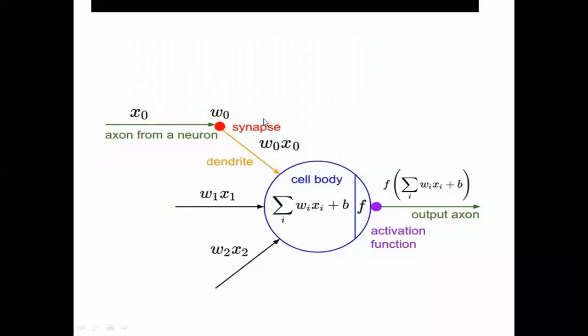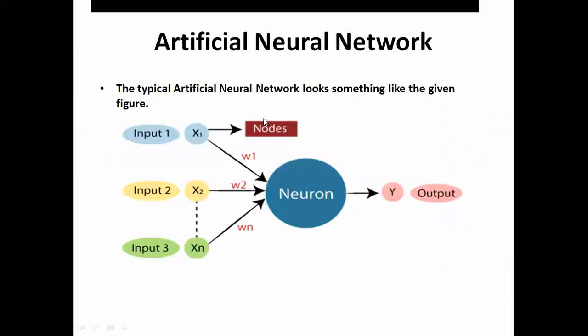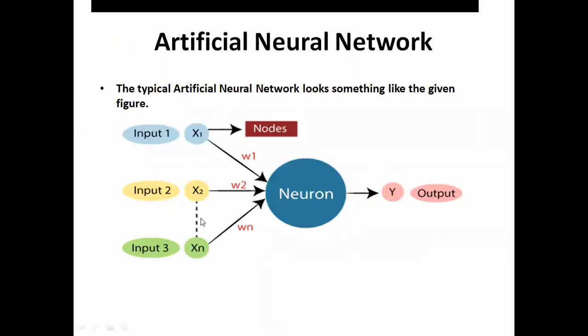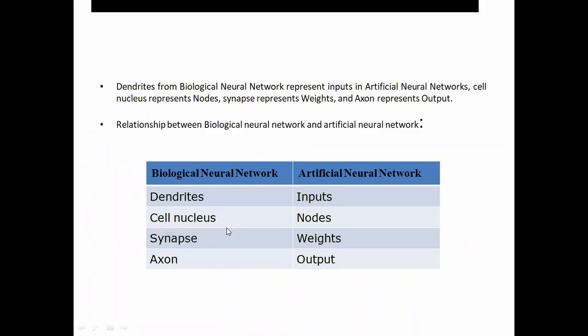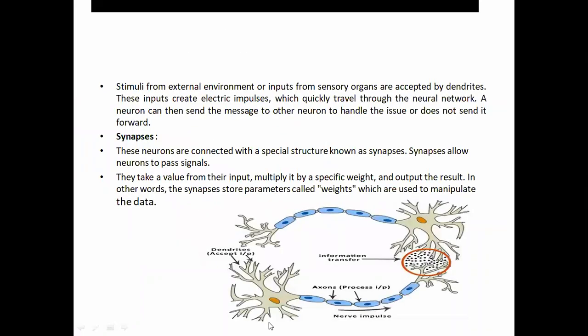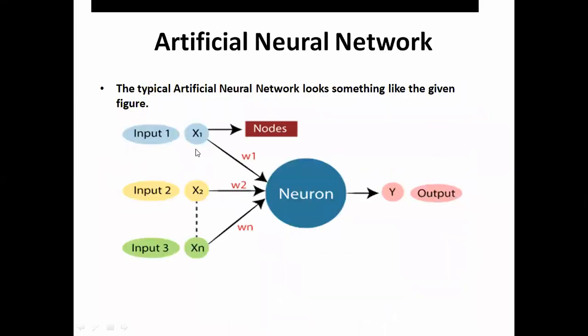Again, going to the previous slide, you can see these are your nodes, X1, X2, and Xn. In ANN, you will be representing these nodes by a circle. These are the cell nucleus that you have in your neuron cell, and the nucleus is being represented by these nodes. These are the inputs X1, X2, and Xn, and these inputs are being accepted by the dendrites.